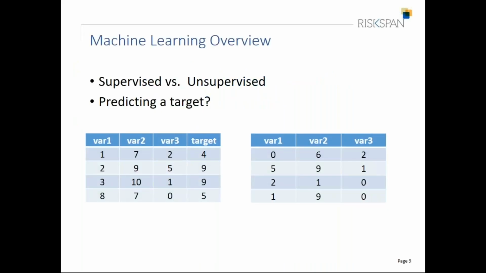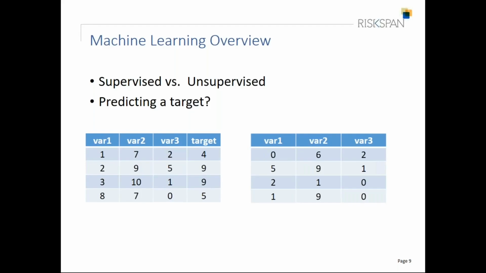So very broadly, machine learning can be divided into many different subspaces, but the two that I'm going to call out and make a distinction on are supervised versus unsupervised learning. The key distinction here is whether or not the data has a target that you are trying to predict. So here I have two dummied up examples.